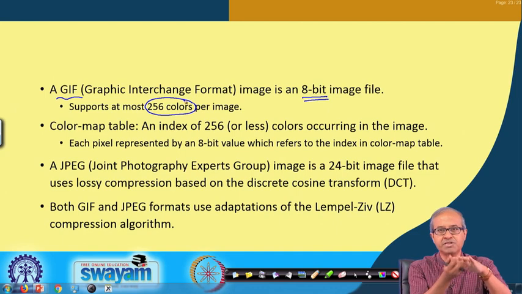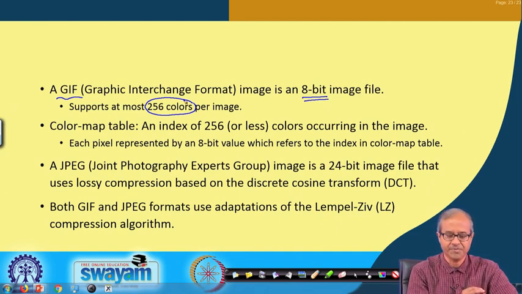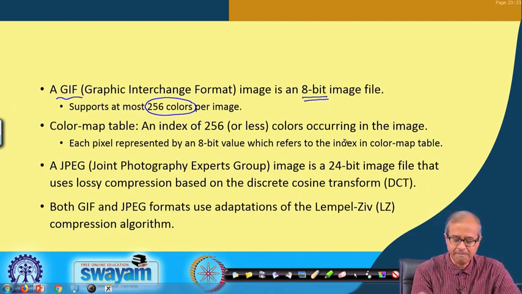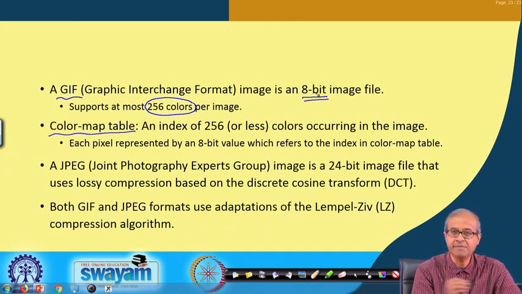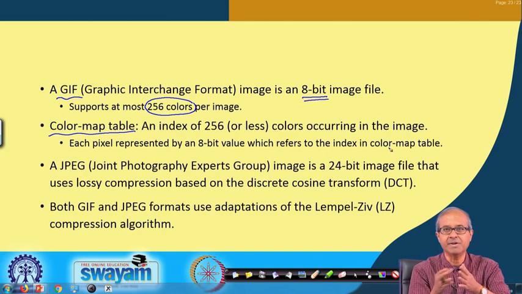Each color map table will support 256 colors. So, the 8 bit value which is stored will refer to one of the entries in the color map table. From there you can extract a color, and that color can be encoded in 24 bits also.